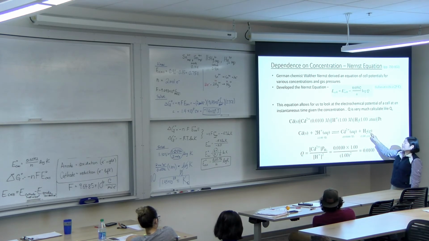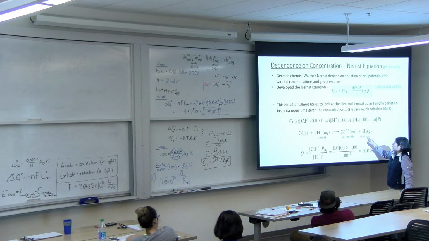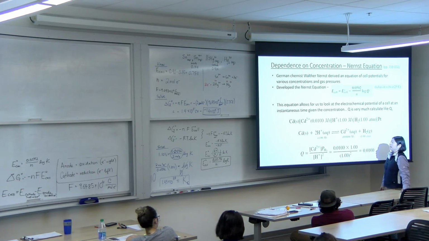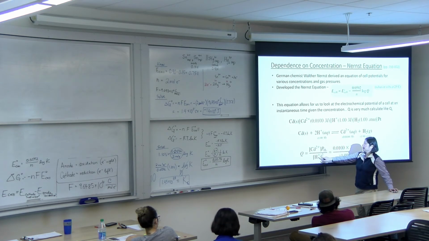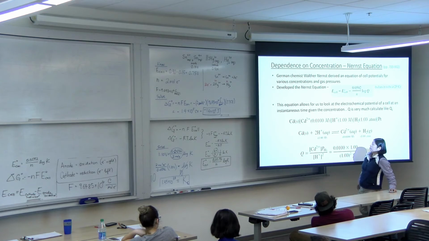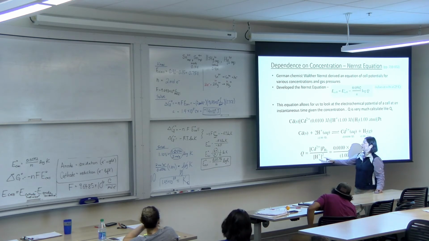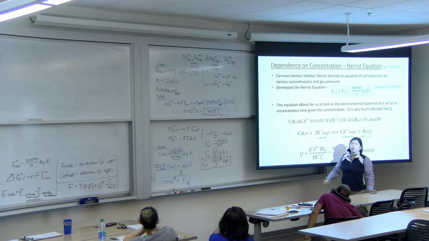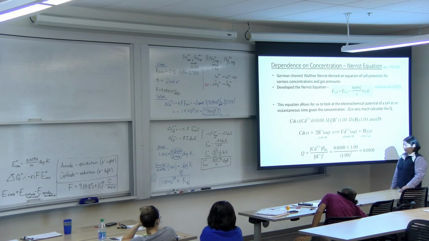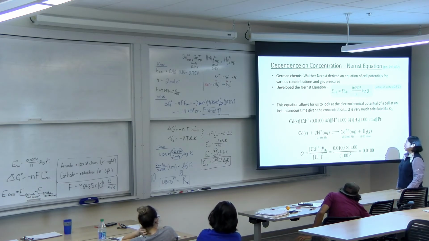Now notice, this is a gas. So when we have a gas, it's easier to measure the partial pressure, do you guys remember? So we're going to stick in the partial pressure, not the concentration, divided by our reactant, H plus, and we have to square it because the stoichiometric coefficient is 2. Why did we not include the solid in our Q? Because it is a solid and its concentration does not change. Very good.